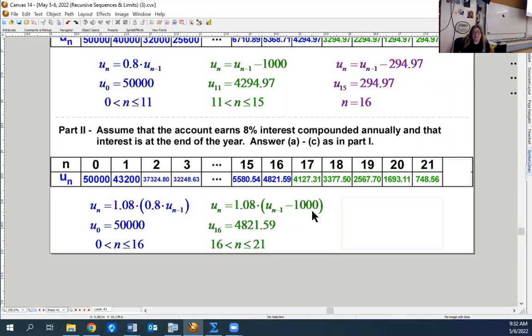What's the amount of our last withdrawal? 748.56. So the last one is just taking that minus 748.56. It's going to take us 22 years. I keep saying us. It's going to take Mr. Scrooge 22 years to get his money out with all of those rules.